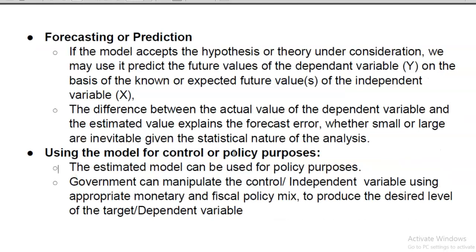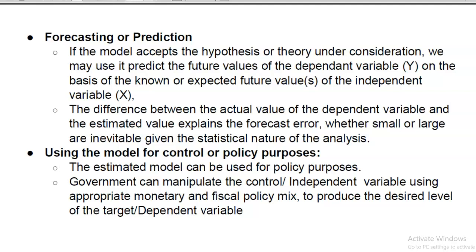Then once we test, we can forecast any future data. In 2026, if the GDP is going to increase by so many units, what will be the impact on the consumption expenditure can be worked out once the model is estimated. That is forecasting and prediction. Then once we have the forecast, we can use it for various policy framing purposes.